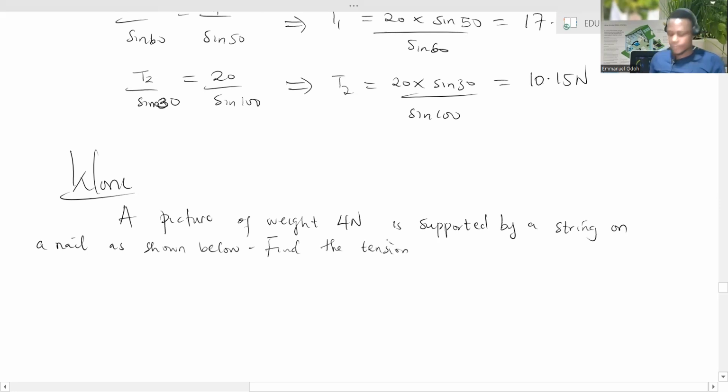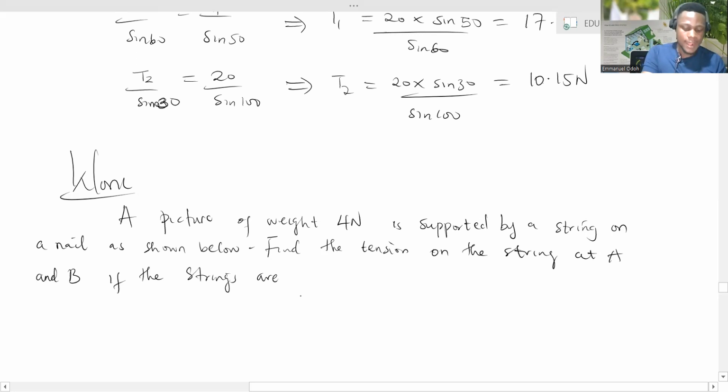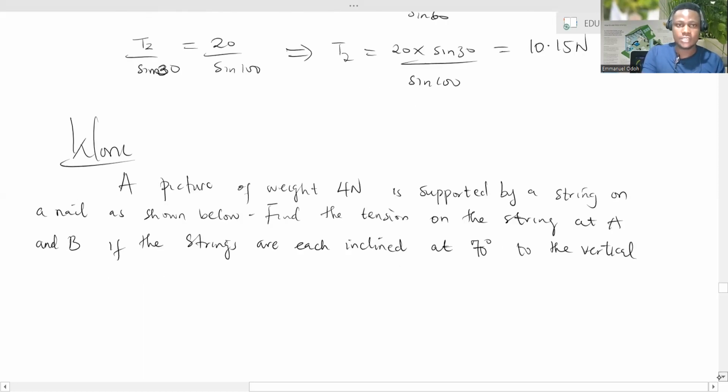Find the tension on the string at A and B if the strings are each inclined at 70 degrees to the vertical. They are inclined at 70 degrees to the vertical.